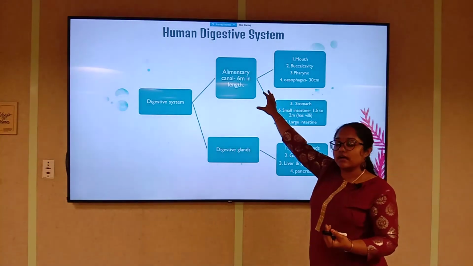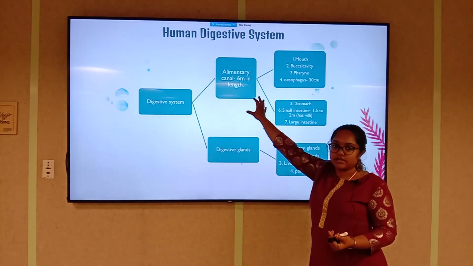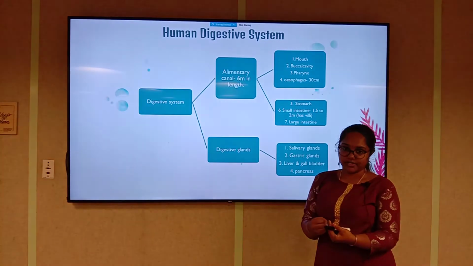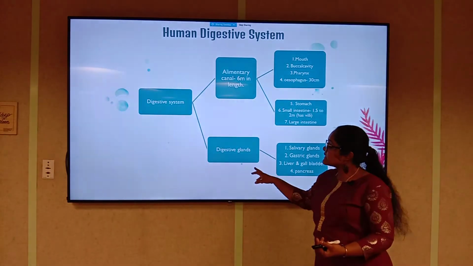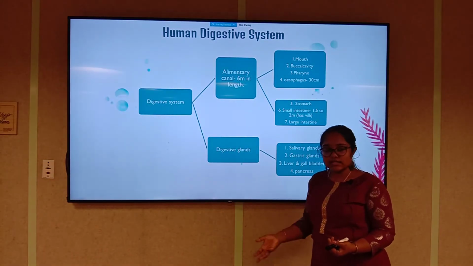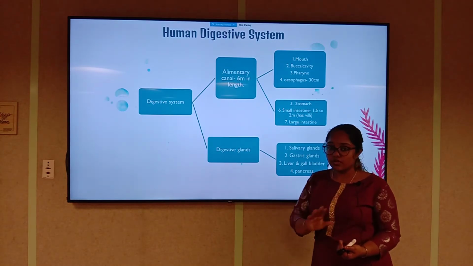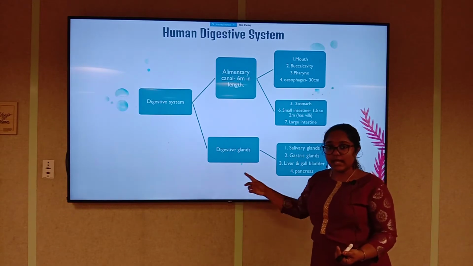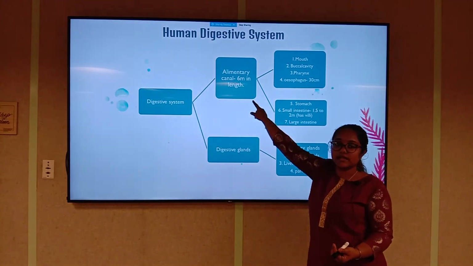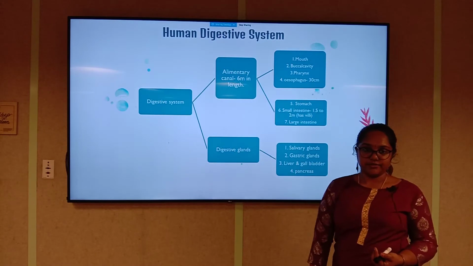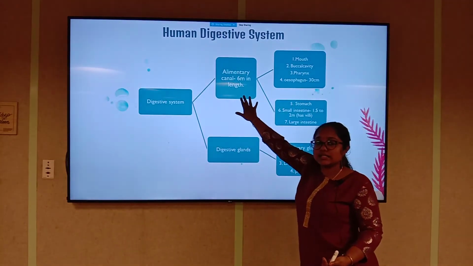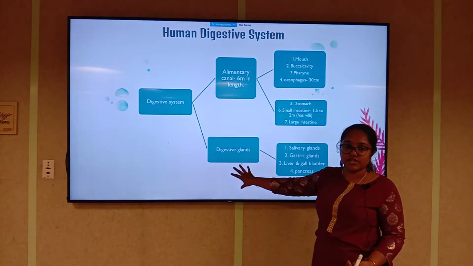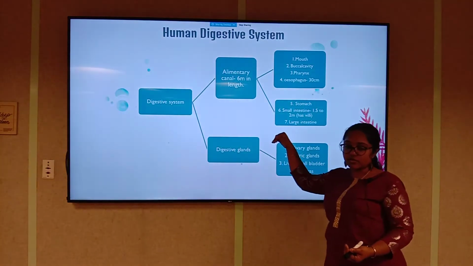The digestive glands are another set of organs which do not come in contact with the food, but they indirectly help the organs in the alimentary canal to digest the food. So this has direct involvement in digestion, this has indirect involvement in digestion. Clear? Let's see what each has.